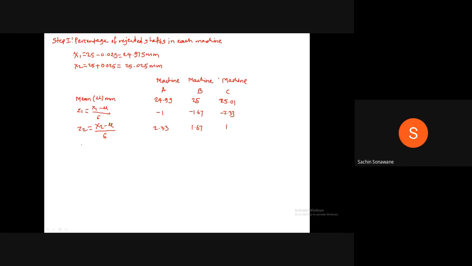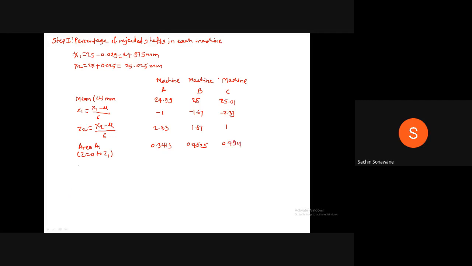Now area A1, area A1 for Z is equal to 0 to Z is equal to Z1, which is equal to this area. We have to take it from that table. It is provided to you: 0.3413, 0.4525, 0.4901.